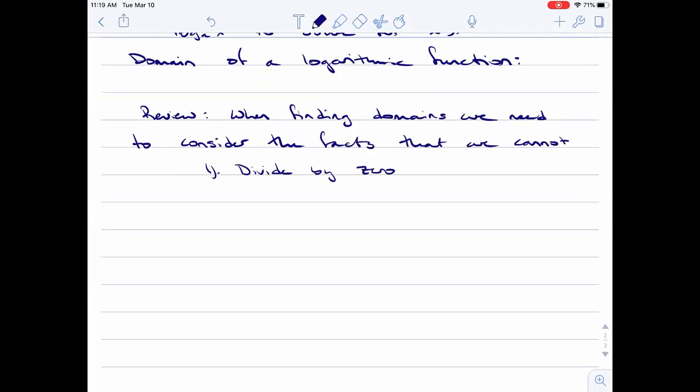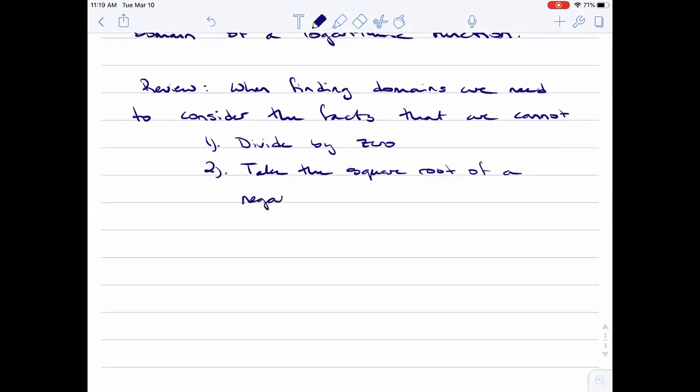And we said that any value that makes us divide by 0 is not in our domain. And we can't take the square root of a negative number. We actually can't take the even root of a negative number, but it's okay. We'll talk about the square root.